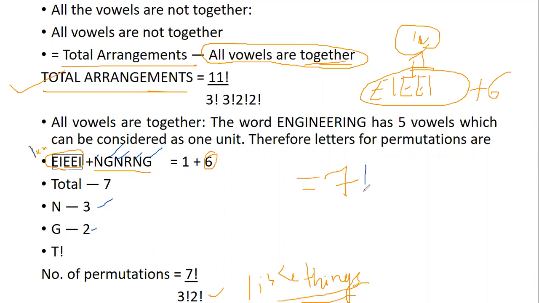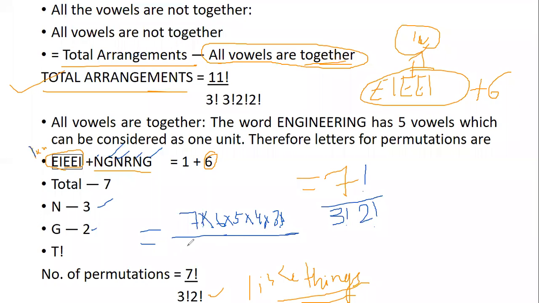So 7 factorial divided by 3 factorial for N repeated 3 times, and 2 factorial for G repeated 2 times. Now let us solve this. 7 factorial is 7 into 6 into 5 into 4 into 3 factorial, divided by 3 factorial and 2 factorial.